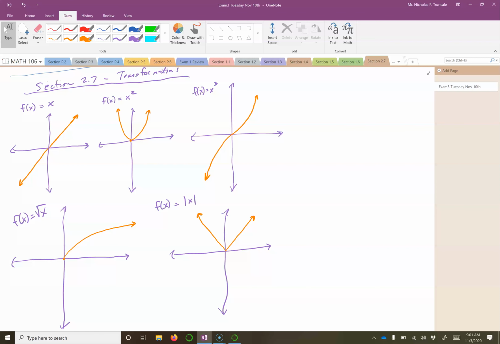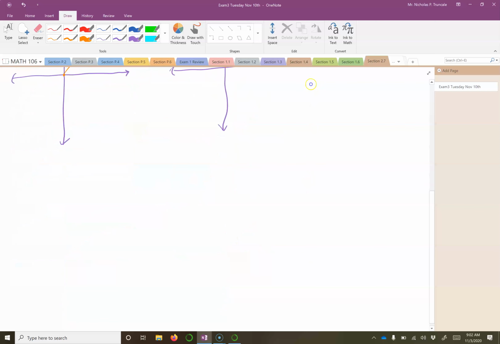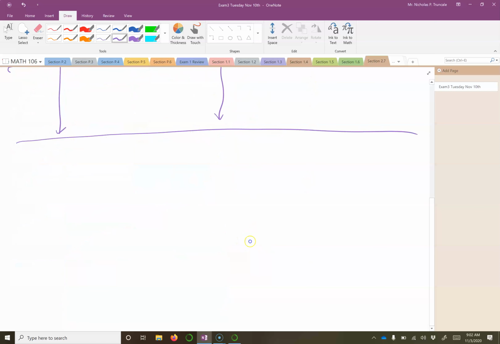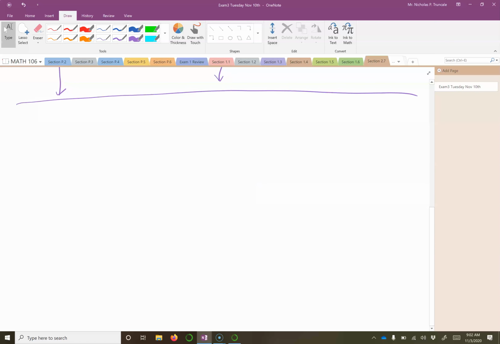I'm going to walk through all these different types, and I'll use some of these functions as you go along, just to show you that you can use any one of them to practice, but some of them are easier than the others. Like the parabola, that's a real nice one to use, f of x equals x squared. So you'll see that a lot. Okay, so let's go ahead and start talking about the first transformation, and there will be 4 total types.